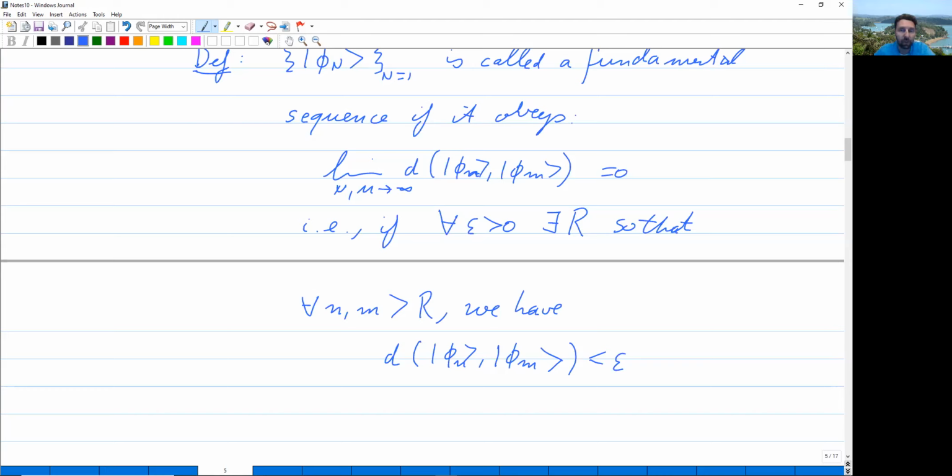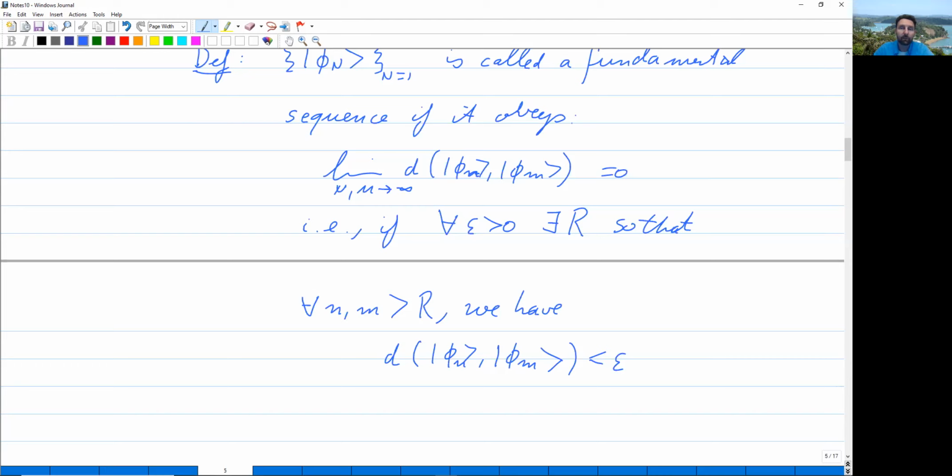So no matter how small an epsilon you choose, some way down the line along this sequence, all subsequent vectors are closer than this distance, right?